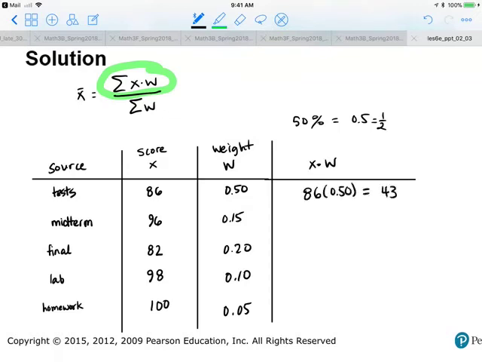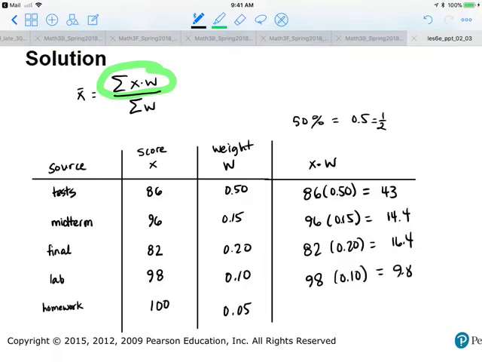So that's going to be 43. And then we need 96 times 0.15. That's going to be about 14.4. 82 times 0.20. That's going to be 16.4. 98 times 0.10 is going to be 9.8. And then 100 times 0.05 is just going to be 5.